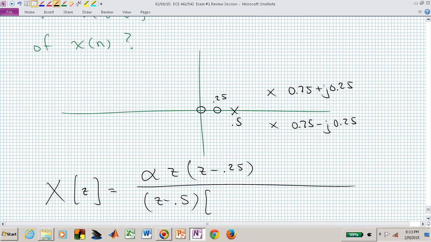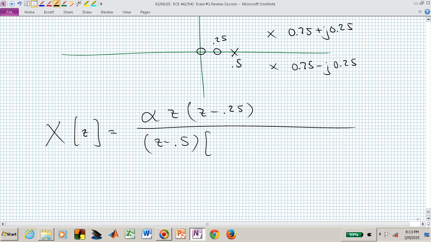And now we have complex conjugate poles, but we could write that as z minus 0.75 squared plus 0.25 squared. And I'll let you go home and figure that one out. Now, what's the structure of little x of n?